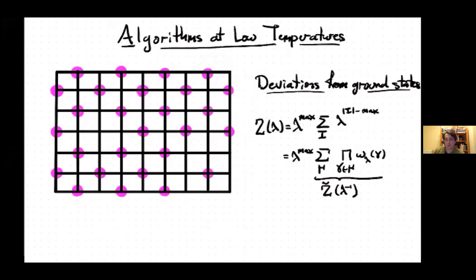So if you want to prove that there is a phase transition, what you do is think of the new particles as the deviations from the optimal configuration. So you extract from the partition function lambda to some power of the biggest possible independent set, and then you sum over all independent sets, lambda to the size minus the max.